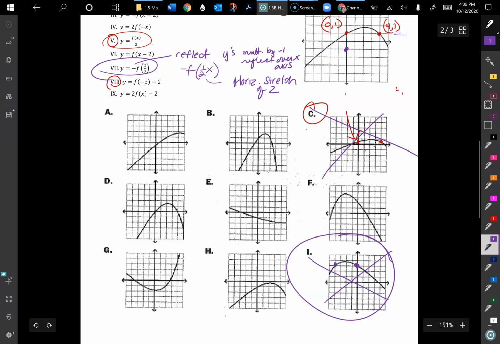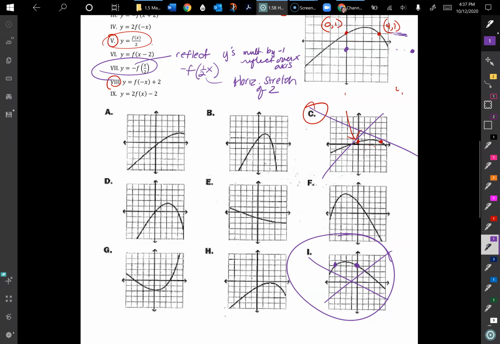Now here's where we can really look at it. This 4 would become an 8. So that's going to really stretch out. And then this 1 is going to become a -1. So we have 4, 5, 6, 7, 8. So it's going to be out here.